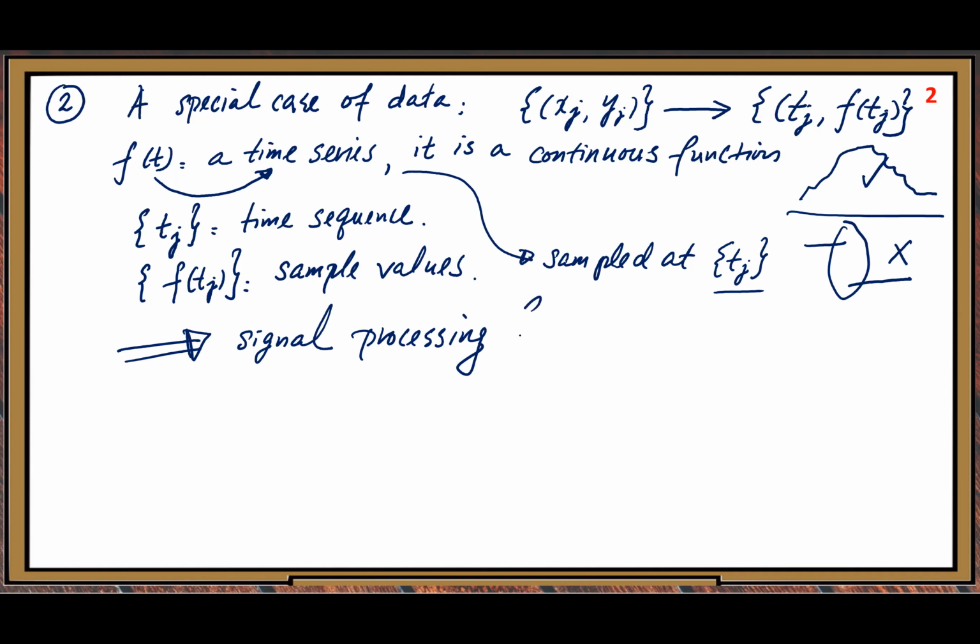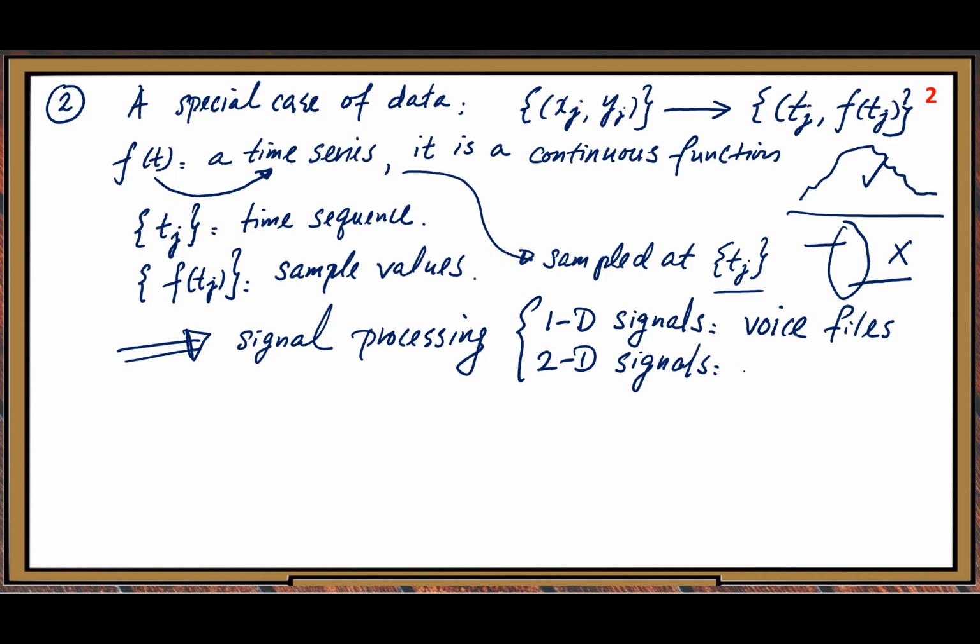Signal processing usually covers 1D signals, that's voice files; 2D signals, image files; and 3D signals, video files. So this type of data is very important.